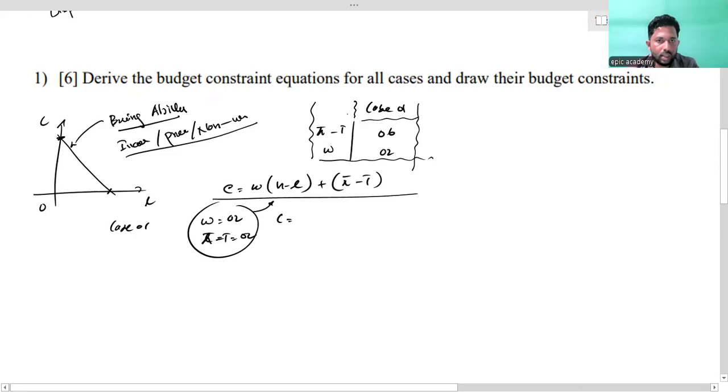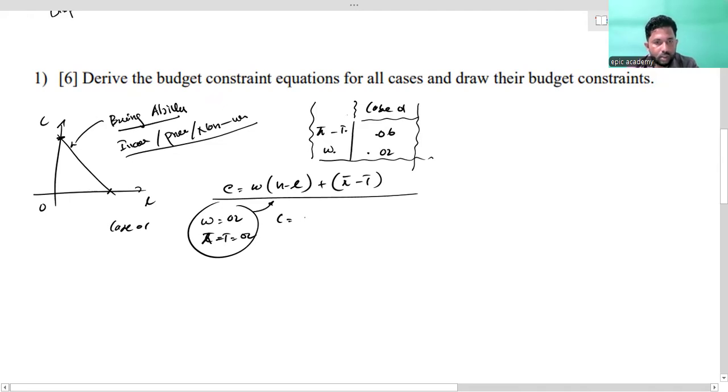In that table, you got only the real wage and non-wage income. By using those, you can calculate consumption from the consumption equation.